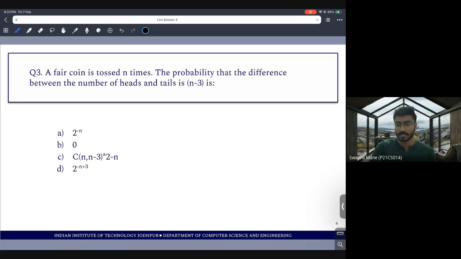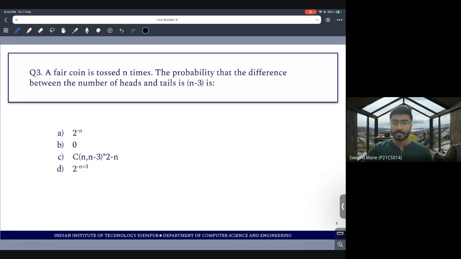You can choose any correct option. Has anyone found the correct answer?